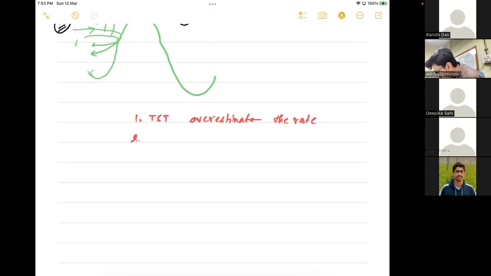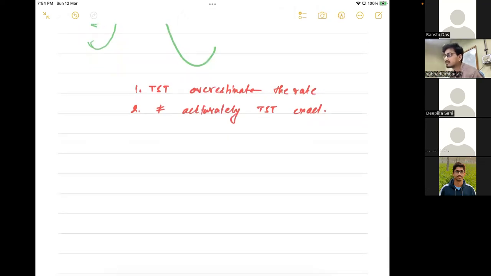And the second point is that if you choose the dividing surface accurately, then TST is exact. So this was Wigner's phase-space perspective, and I'm not going into the details because time is not on my side.